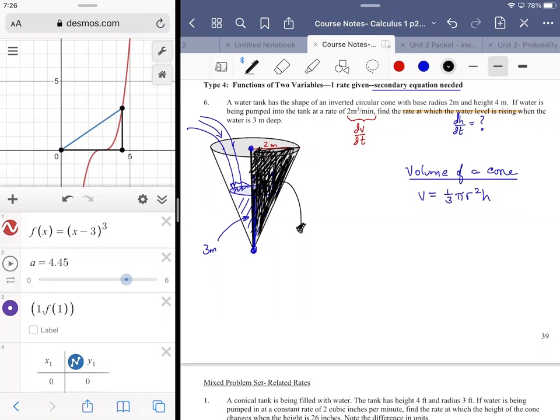You're just carving out a quarter of this cone. What would you see if you did that? Well, you would see two overlapping triangles, and they would actually be right triangles.